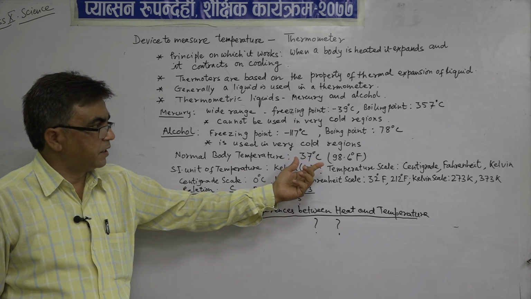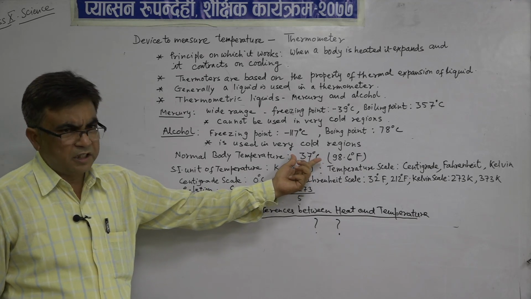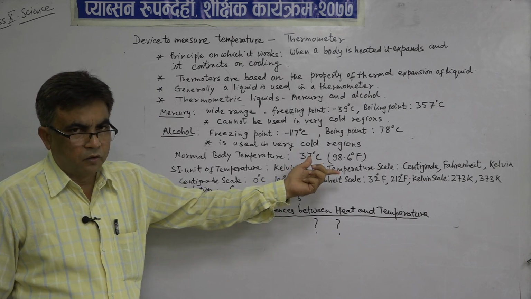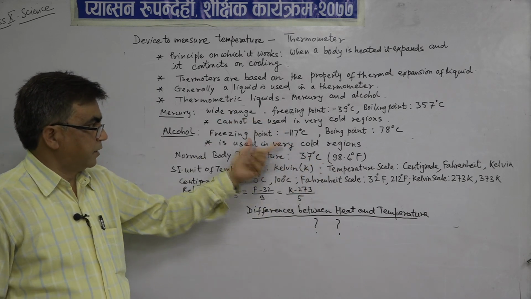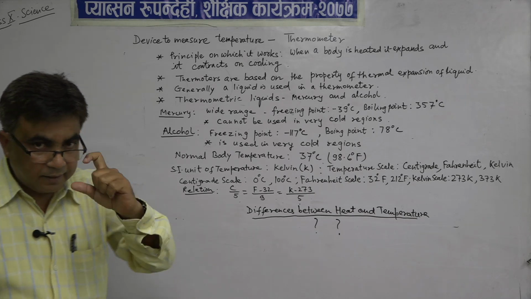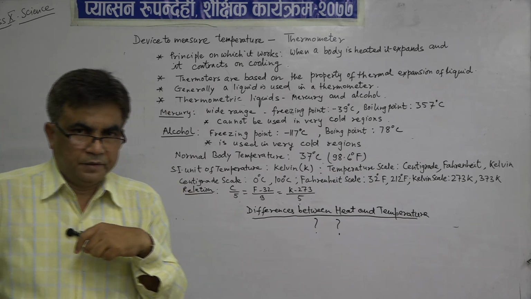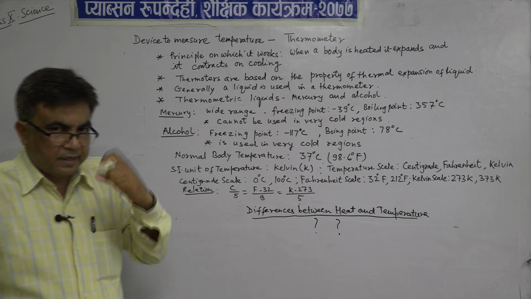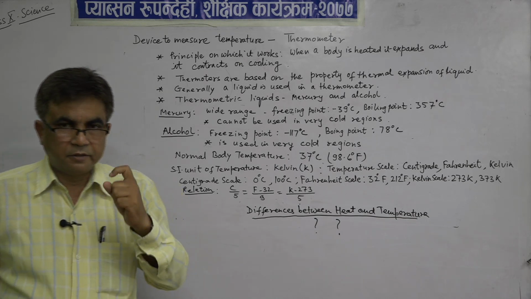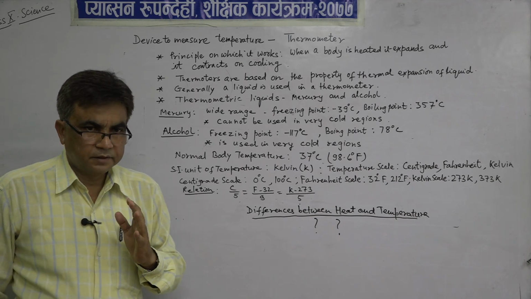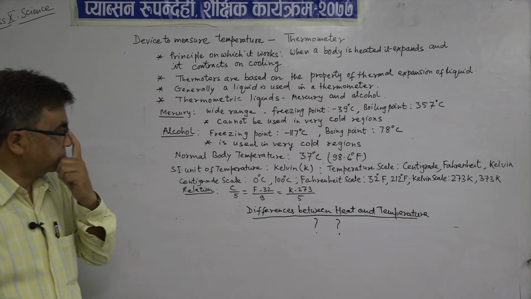Our normal body temperature is 37. So it may go 1-2 degrees less or 1-2 degrees more. So here mercury will work. So that's why in the clinical thermometer, the thermometer which is used to take our body temperature, mercury is used as a thermometric liquid. Is it clear? I'm sure it's clear to all of you.